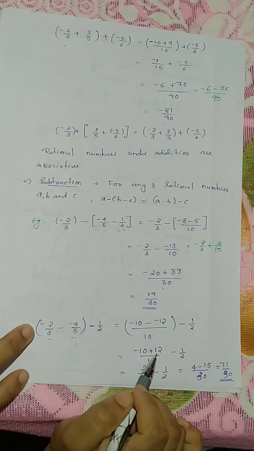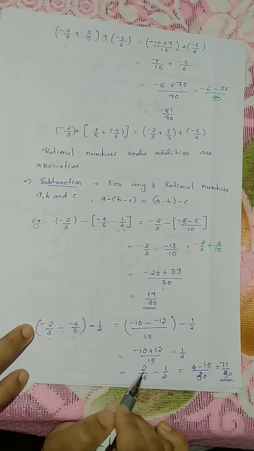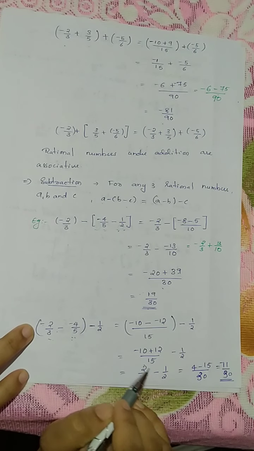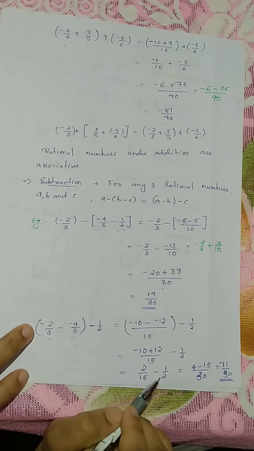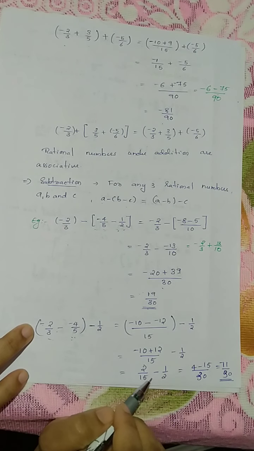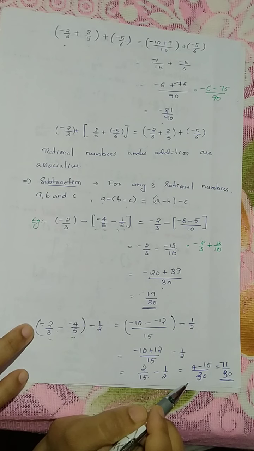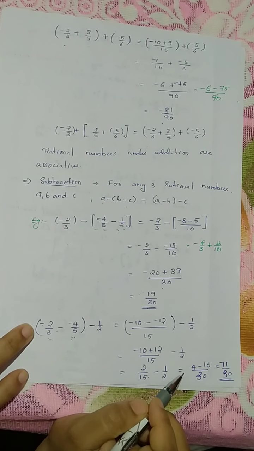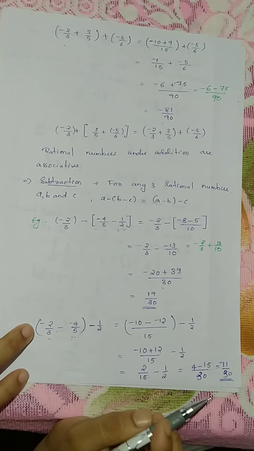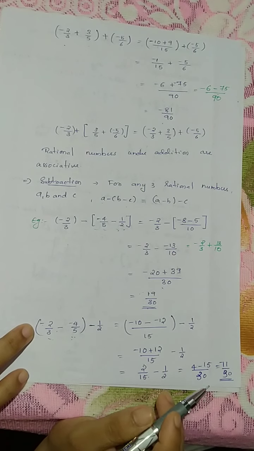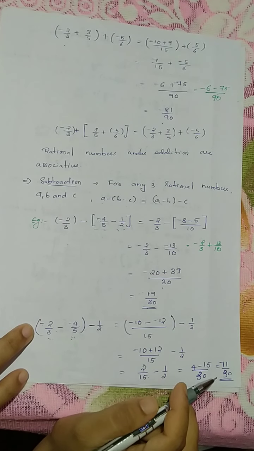Minus 10 plus 12, 2 by 15. 2 by 15 minus 1 by 2. When we cross multiply, we get 2 into 2, 4, minus 1 into 15, 15, divided by 30. 4 minus 15, minus 11 divided by 30.